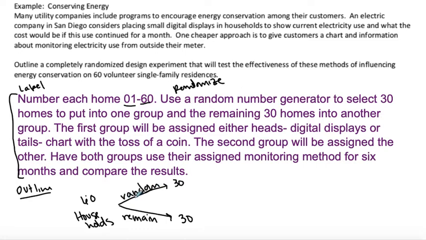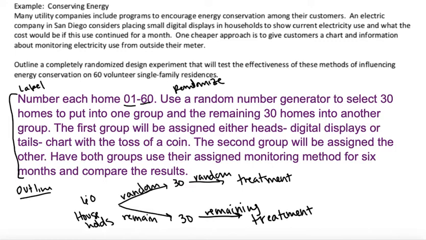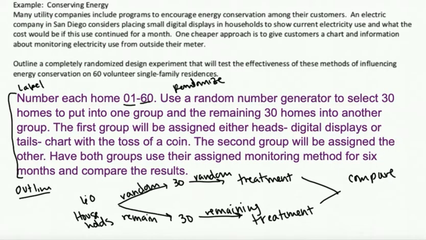Use a random number generator to get 30. Remaining 30 go to here. We're going to randomly assign this first treatment, and the remaining get the second treatment. And overall, we compare. Okay, so we compare the results.